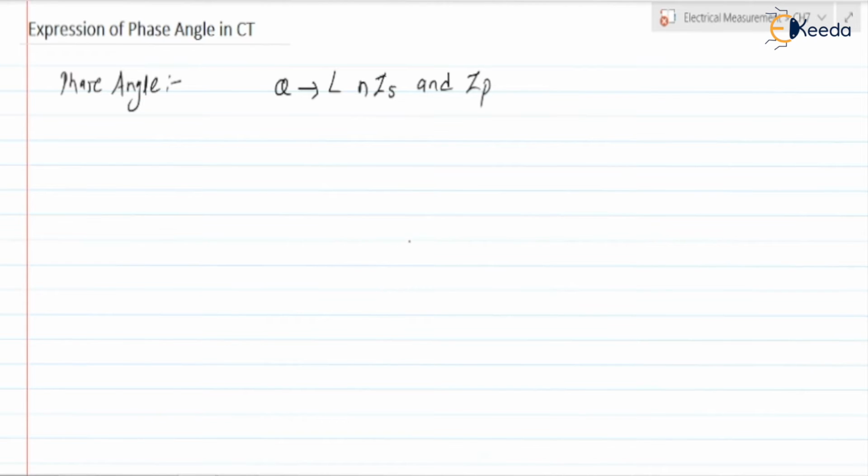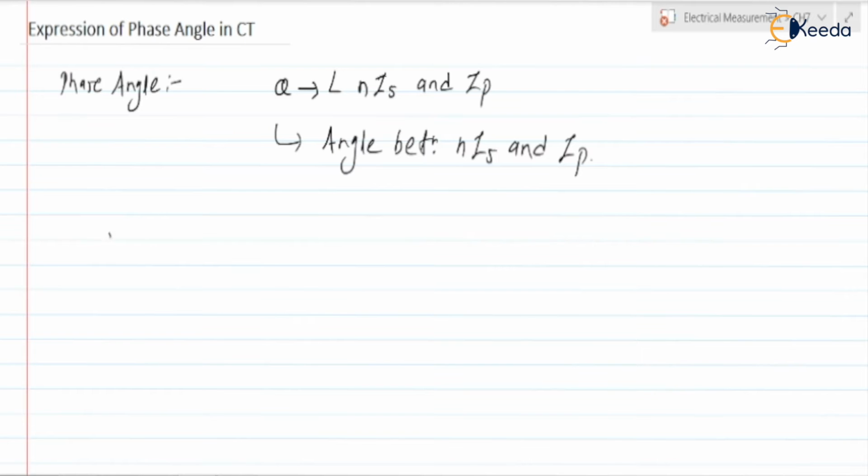So the angle between N into IS and IP is theta, the phase angle.